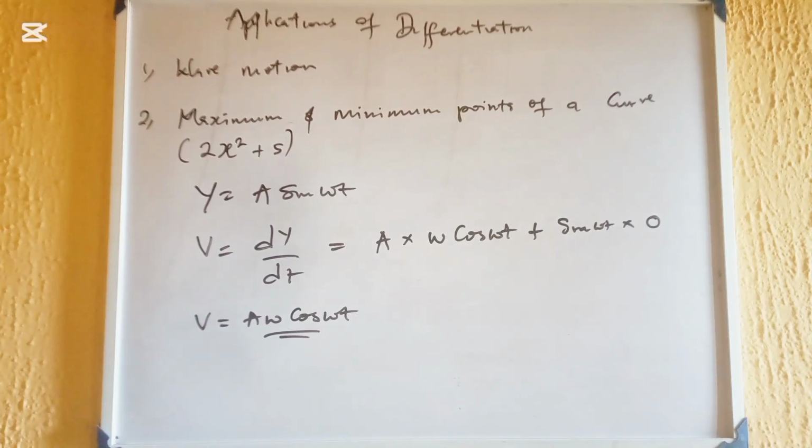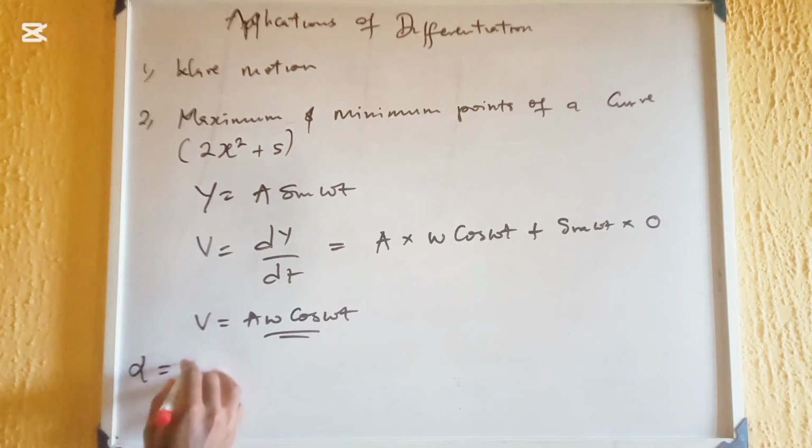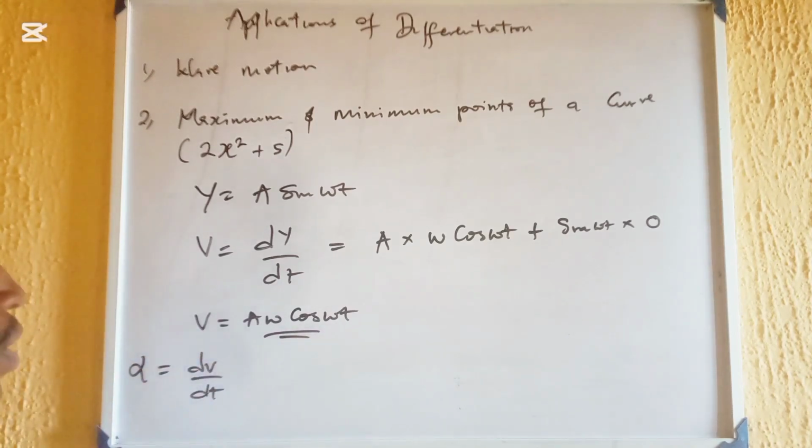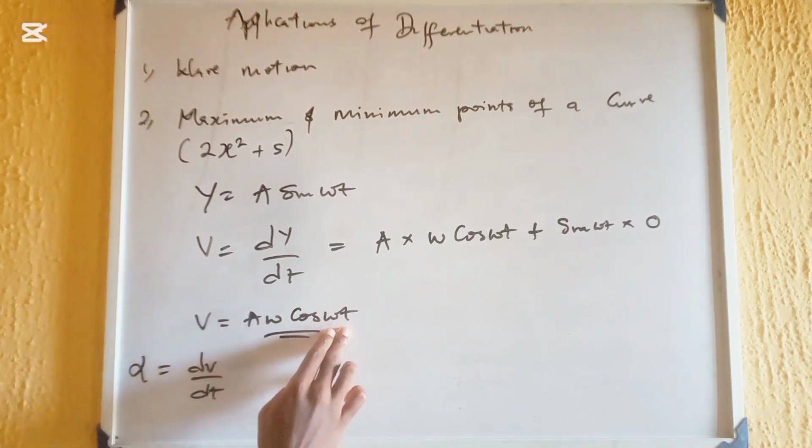Now let's get the equation of acceleration from here. What do we do? We simply differentiate. Acceleration is given as dv/dt, that's the rate at which velocity changes with time. So we have to differentiate this with respect to time. Remember, A and w are constant, they don't change. Our variable here is t.